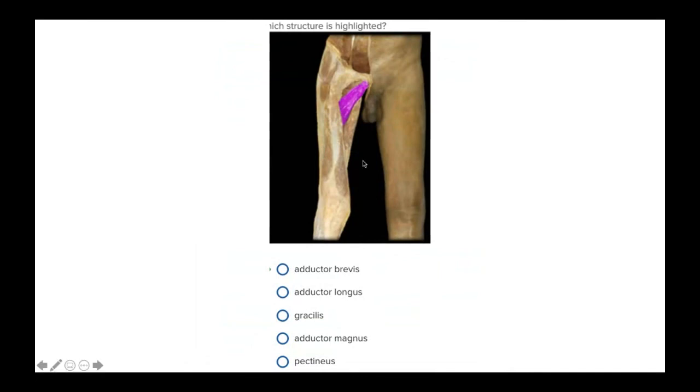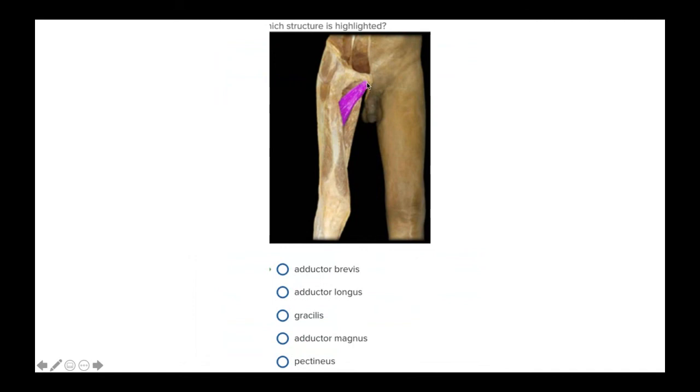Now we're looking at the adductors, or the medial compartment. So this one here would be the adductor longus. The one above it is the adductor brevis. The adductor longus and brevis really originate near that pubic tubercle, near the pubic symphysis.